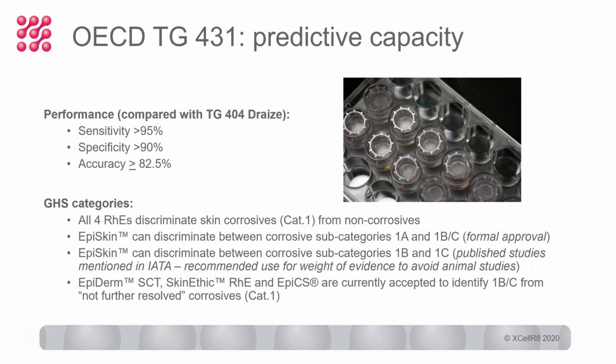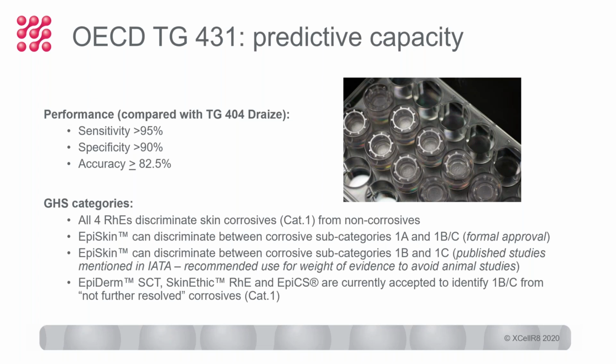But just to say for now that it did have a strong performance compared with the Draize test, a sensitivity of greater than 95%, a specificity of greater than 90, and an overall accuracy of greater than or equal to 82.5%.